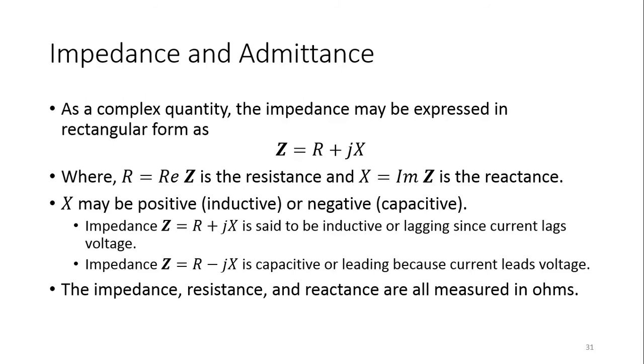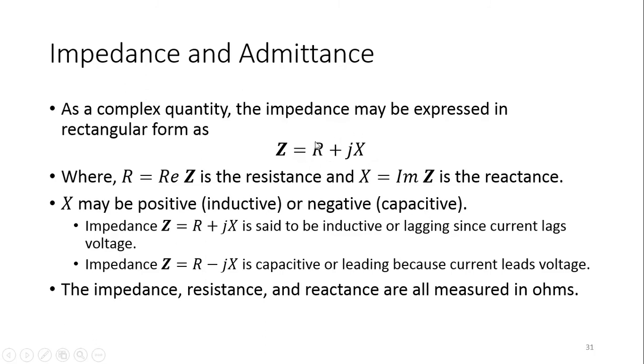To highlight that, as a complex quantity, the impedance may be expressed in rectangular form, as a resistive part plus an inductive or capacitive part. This R, the real part of Z, is resistance, and X, the imaginary part of Z, is reactance. So impedance is the term used for this whole combination, which carries both real and reactive parts.